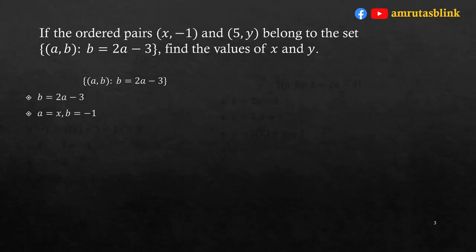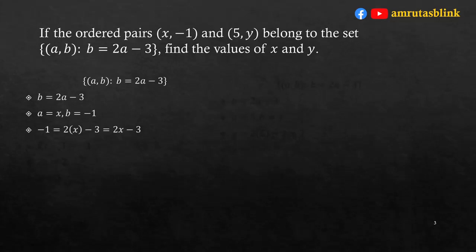Now we know the relation as b is equal to 2a minus 3. So we'll put the values, that is b is equal to minus 1 and a is equal to x, in this equation. Now we need to calculate the value of x. So minus 1 is equal to 2 into x minus 3, that is 2x minus 3.